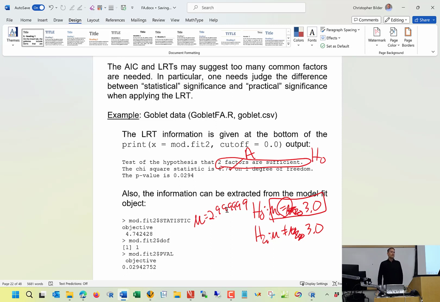So, should I reject or not reject H0? Well, it depends upon what alpha you use. And what we've tried to emphasize to students over the last 5 to 10 years in statistics is that you have to be careful about using a strict 0.05 cutoff. Because if I use 0.05 as my alpha level, I would reject. It would say more common factors are needed. But if I use alpha 0.01, I would say don't reject H0.